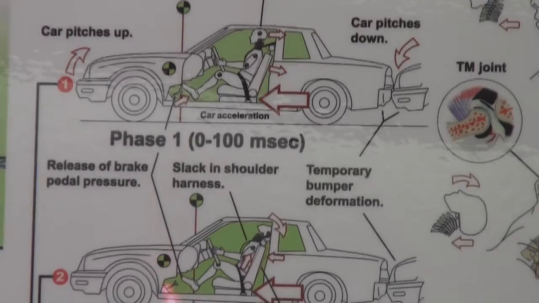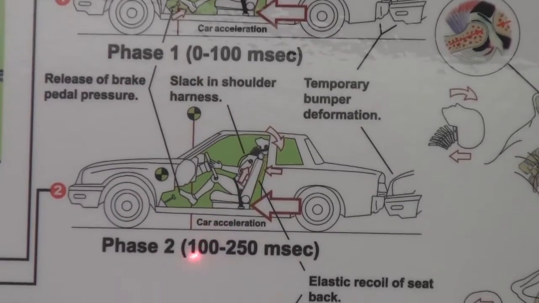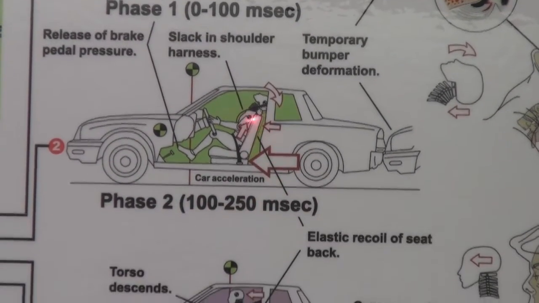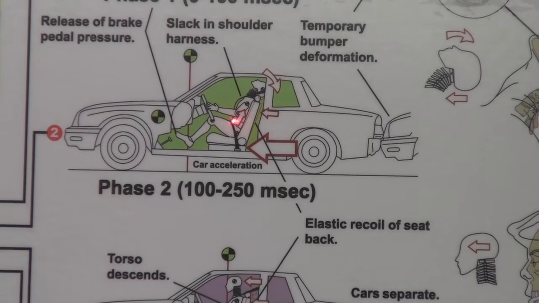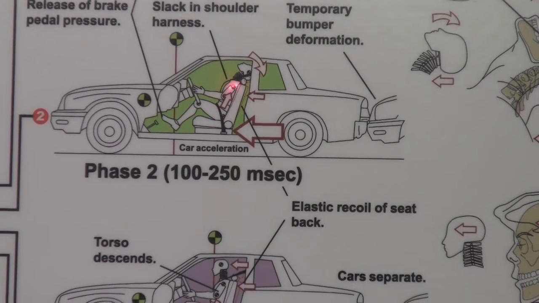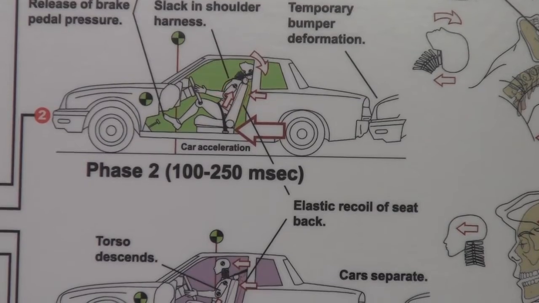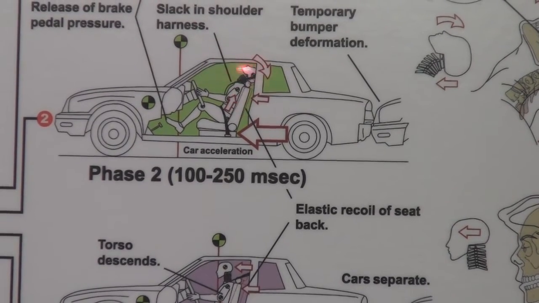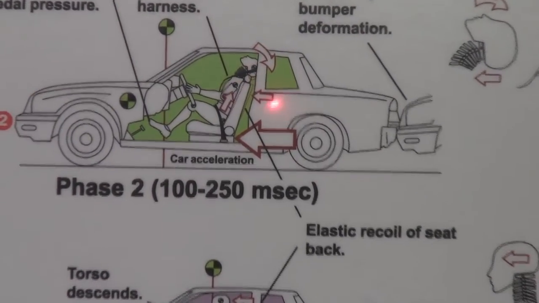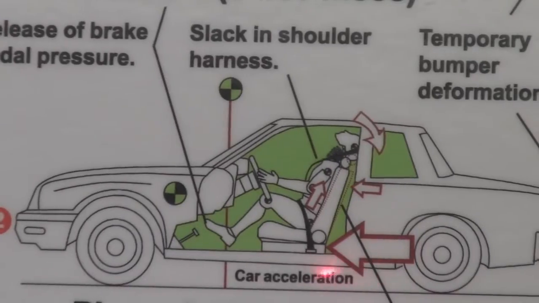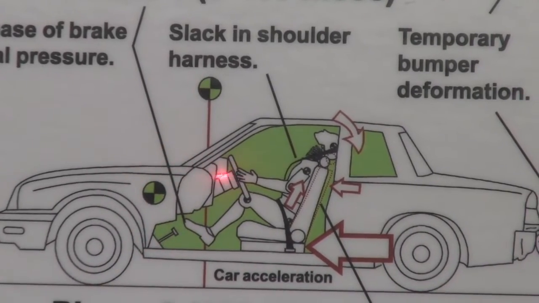And then in the second phase, from 100 to 250 milliseconds, the body starts to accelerate forward, the shoulders are slack, and the head starts to go backwards as the body and the car are accelerating rapidly forward.